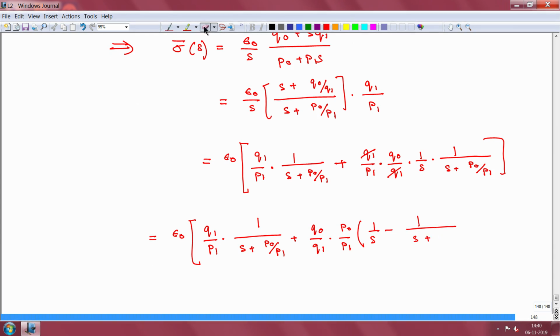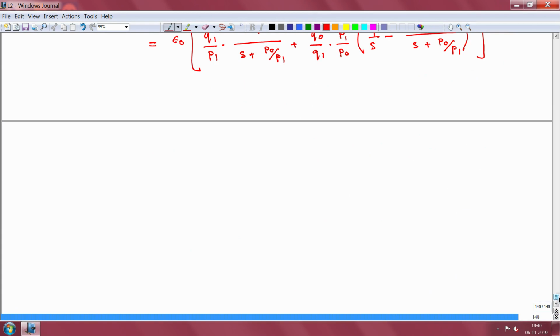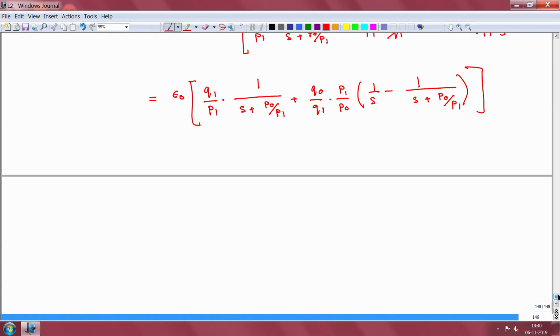Sorry, I have to correct this one. So, p 1 by p 0. Okay. So, now you have these two are common, so you can combine these two and then you have one rational function of the form 1 by s, right.